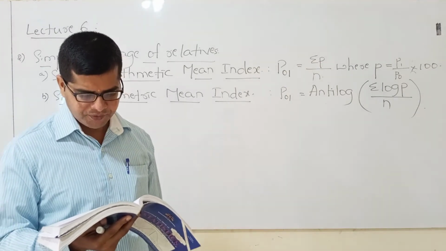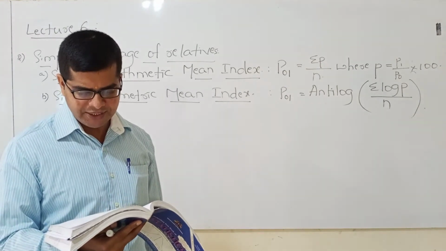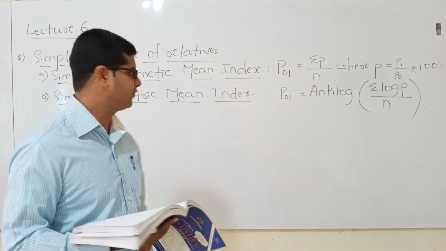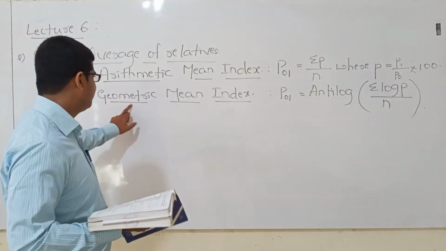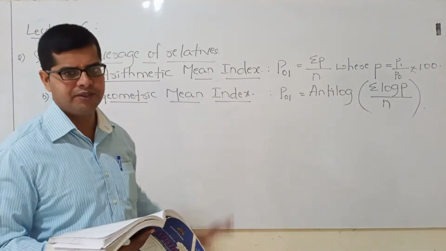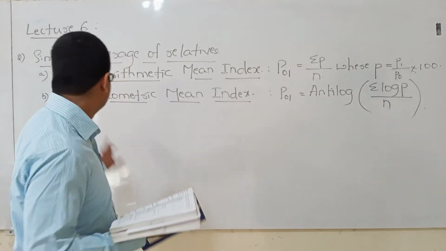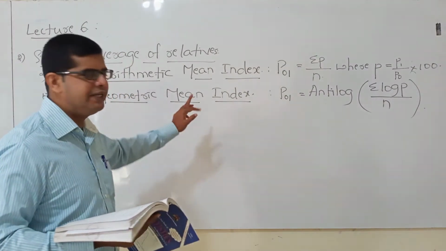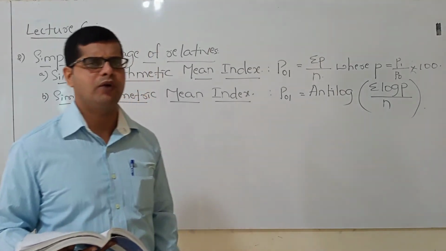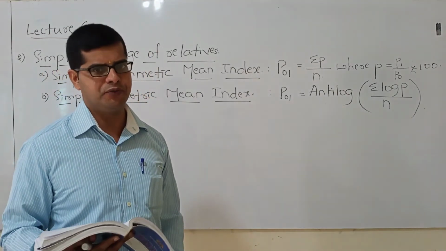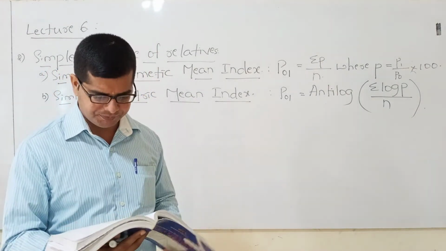Then B, unweighted geometric mean index number, or simple geometric mean index number. Both are one and the same, so there is no difference. So what are the given data?